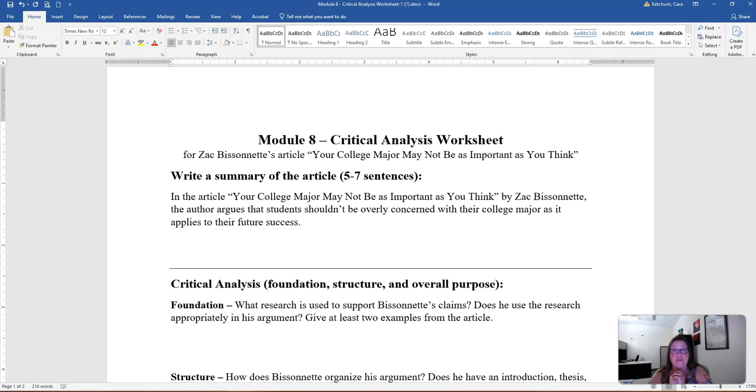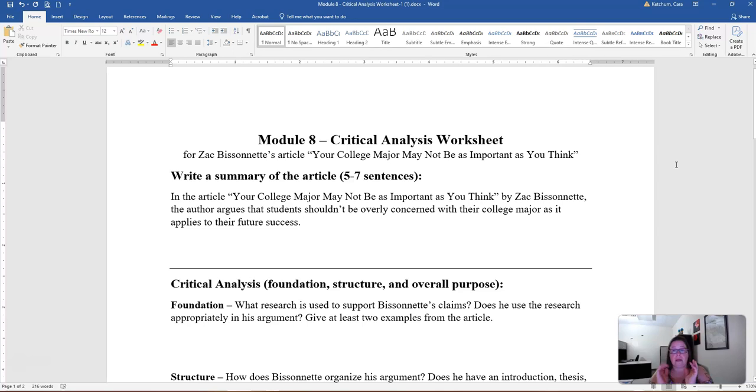Okay, so now the next 3 or 4 sentences, I'm just going to give the main ideas from the rest of the article. Main ideas. That's it. Don't refer to the author as Zach. He's not your friend. Anytime you're referencing an author, you always do it by last name, or you could say "he."